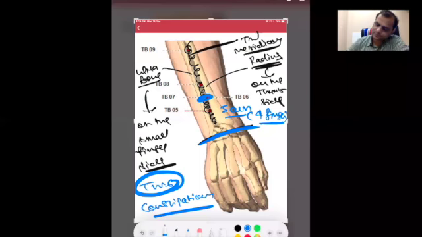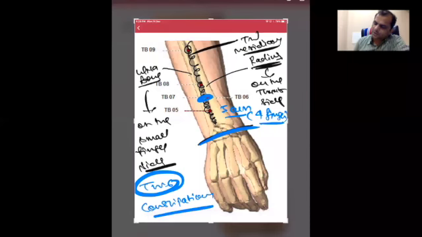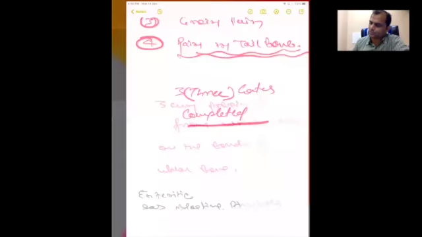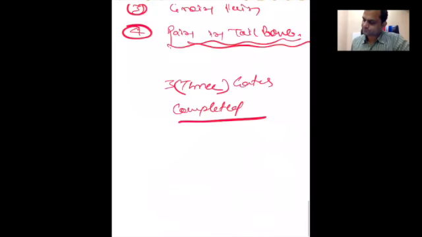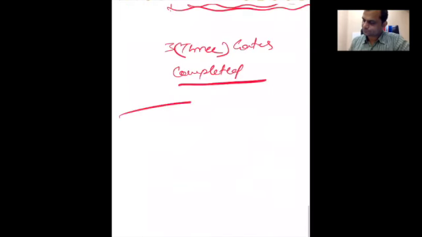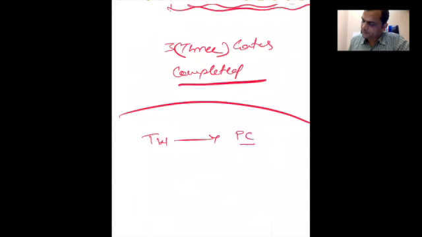So now, if we want to discuss a little more about triple warmer 6, the triple warmer is the couple of the pericardium, and the pericardium is the covering of the heart.